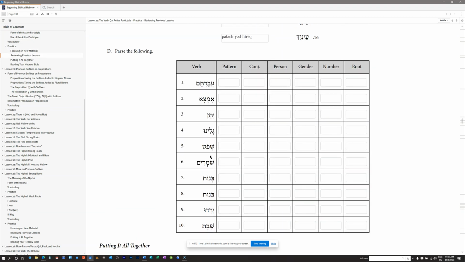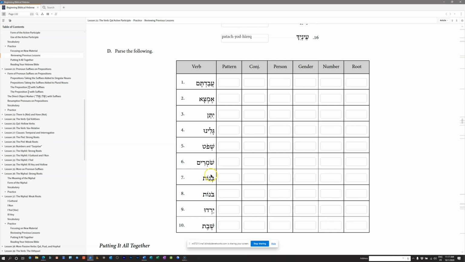D, number 5. All right, here we've got shomrim. Again, we've got our hiriq yod mem suffix with an O class R1 vowel. This is going to be Qal active participle masculine plural from shamar. Number 7, we have benot. So here we've got a third hey in the infinitive construct takes a holem vav tav. You might think, well, why couldn't this be the feminine plural suffix of the Qal active participle of bana?